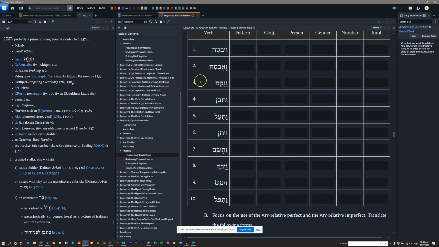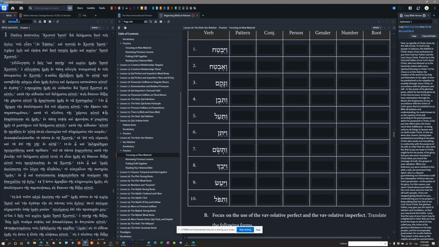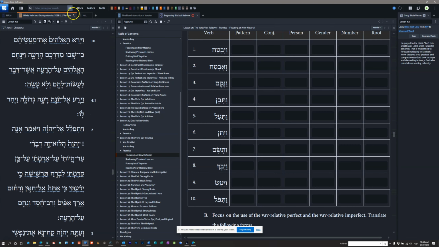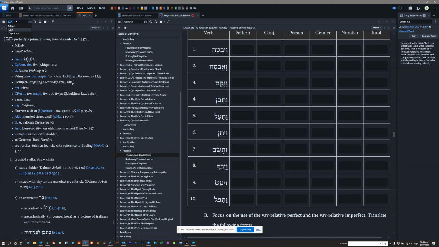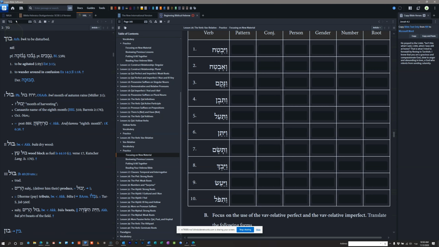That doesn't mean, let's pretend we're reading in our Hebrew text. Just because I haven't seen it doesn't mean that it doesn't exist. So let's go to our lexicon and let's look up bet, yod, kaf. We get nothing. Let's look up bet, vav, kaf. Okay, here we get something.